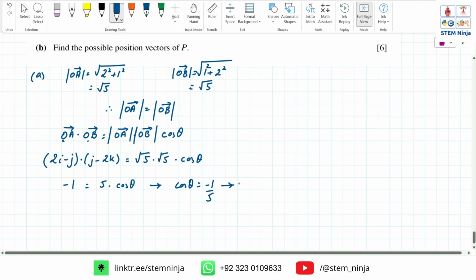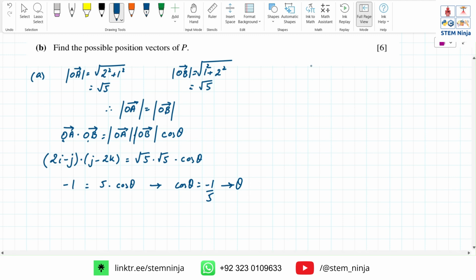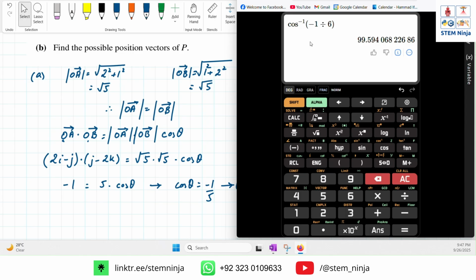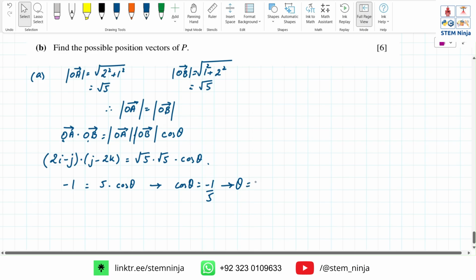So we can find out theta by just doing cos inverse of minus 1 over 5, which is 101.536, or 101.5 degrees.